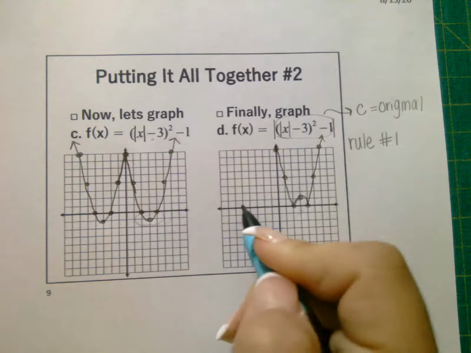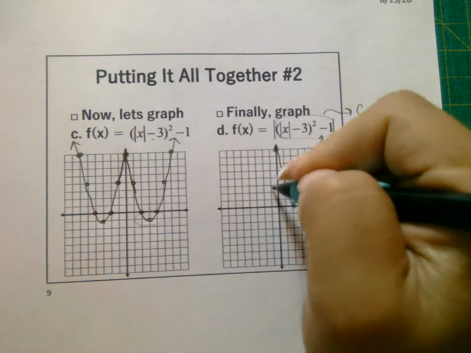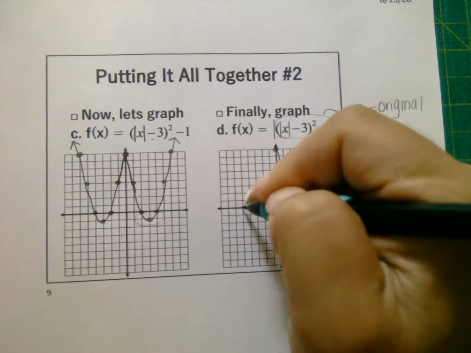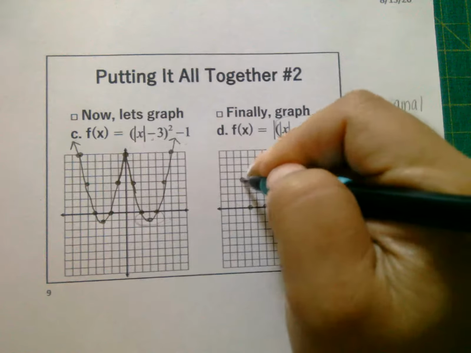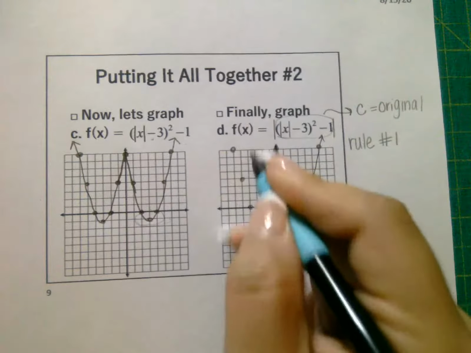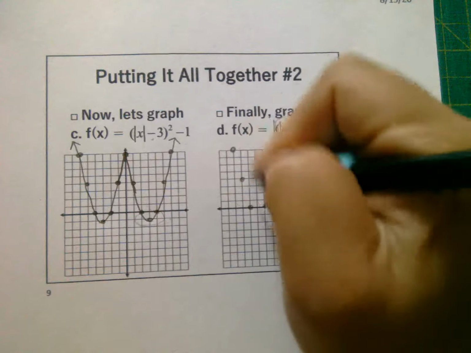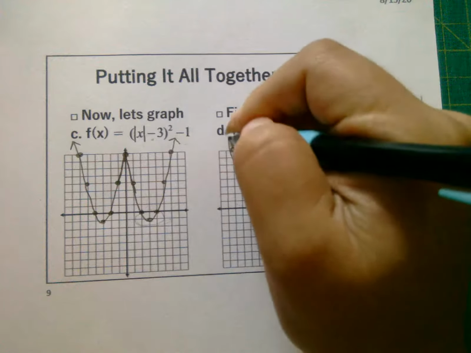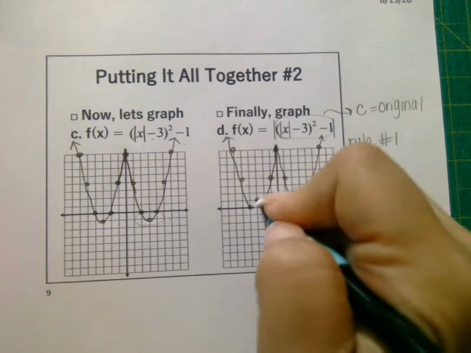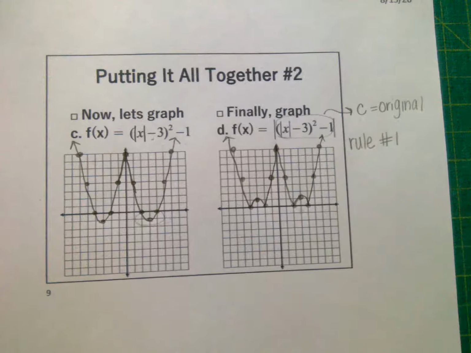And then we're going to do the same thing on the other side with the other half of the graph. Okay, everything on and above the x-axis stays as it originally was. And then the point that's below is getting reflected up. Okay?